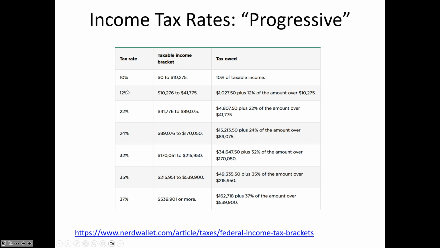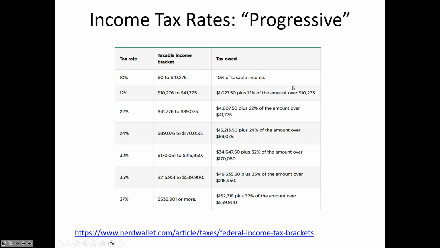But that's not how it works. If you look at this final column on the right, the 12% applies only to the income that's above the $10,276 range. Your first $10,275 is taxed at 10%. Then every dollar you make within this range is taxed at 12%.